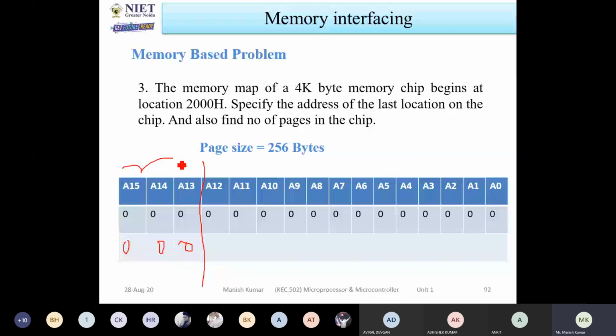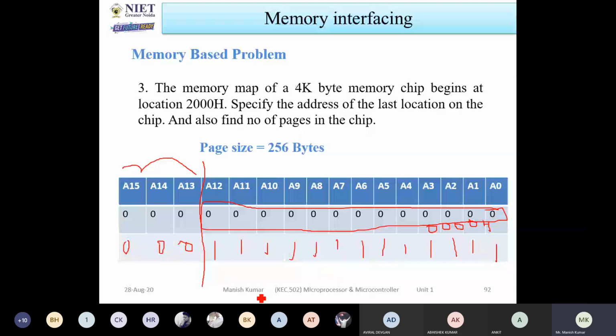Here the minimum value is 000H, written in hexadecimal. We are always talking in hexadecimals. What is the maximum value? All ones. So how much is it?